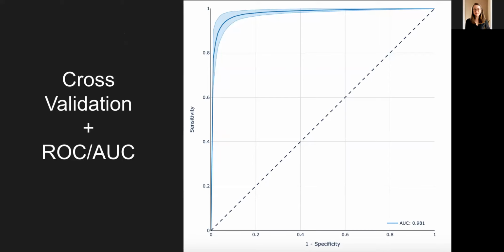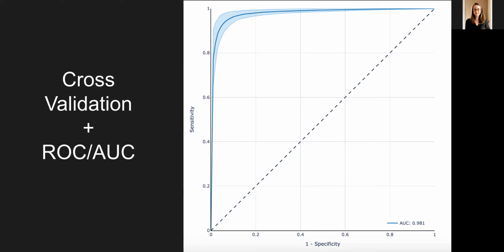I ran 100 cross-validation folds on this data set using the default model parameters because they performed well in the initial modeling, and I wanted to understand how consistently the performance would be across different train test splits. I recorded the results of the cross-validation process, and I plotted the ROC and AUC curve.